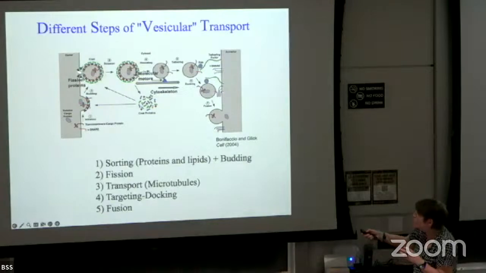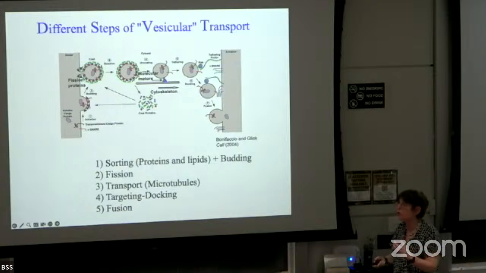And to do that, at some point, you have to have deformed the membrane into a spherical object or a tubular object, and you have to cut it because you have to detach it from the donor membrane. And then you have to transport it to another membrane with different transport systems, which are called molecular motors.